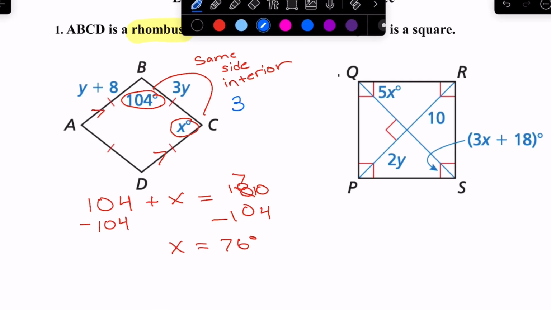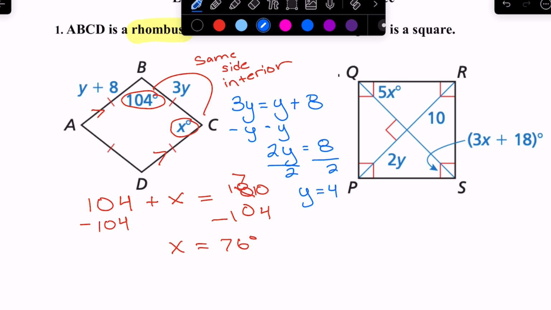So 3y equals y plus 8, because all of the sides of a rhombus are the same. I'm going to subtract y from both sides. 2y will equal 8. And by dividing by 2, I get that y is equal to 4.